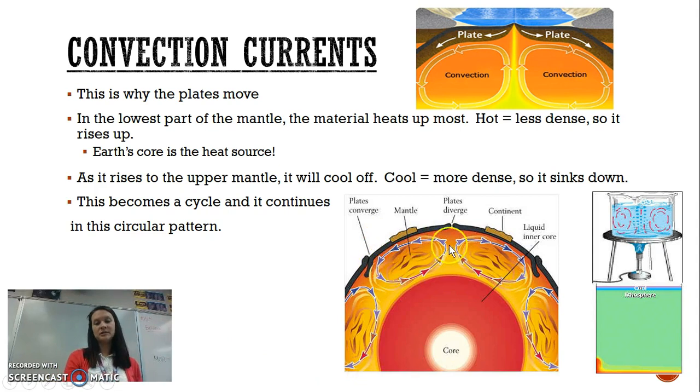Several of these convection cells are circulating all around the globe, very much like a boiling pot of water. If you've ever boiled rice or pasta noodles, look at it closer next time and you'll see them going in a circular pattern. That's the convection.